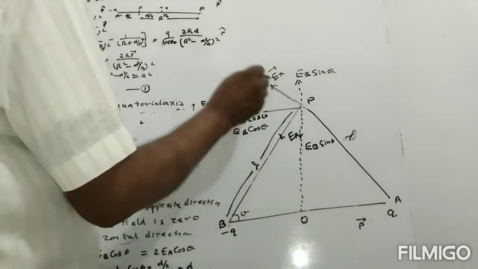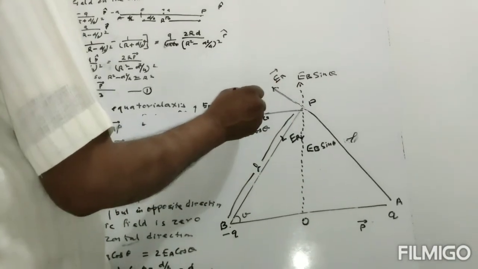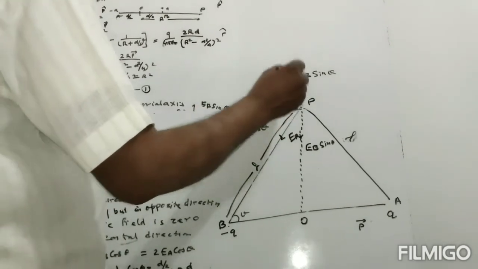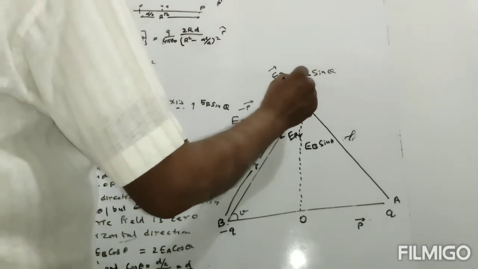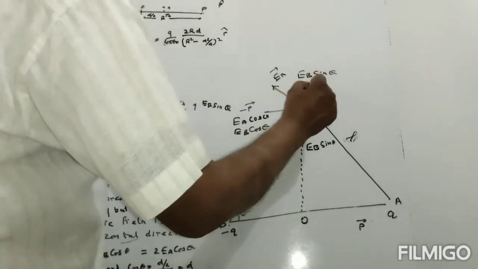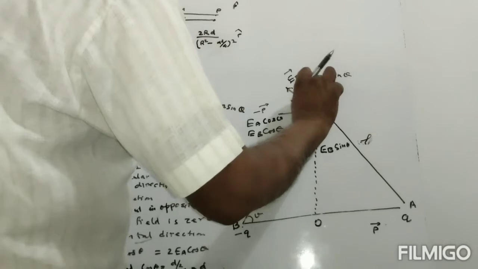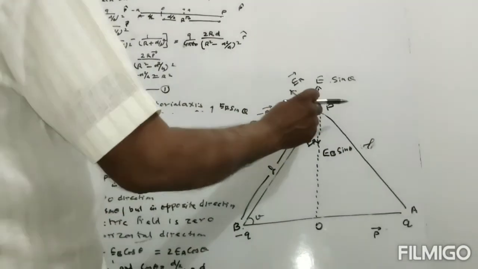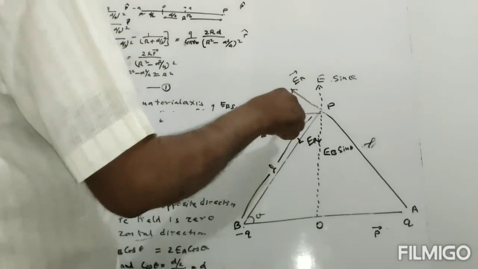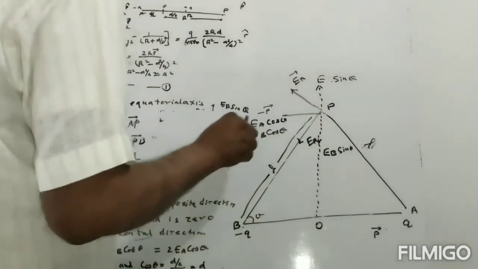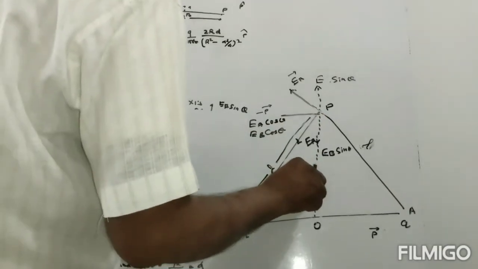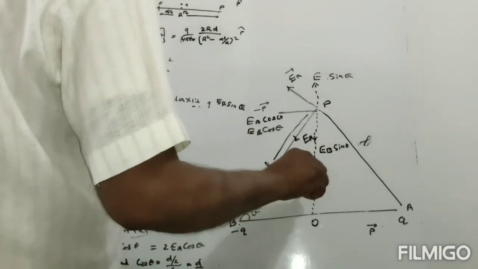So the component of EA in the direction of the horizontal axis will be EA cos theta and in the vertical axis EA sin theta. Similarly, the horizontal component of EB will be EB cos theta and EB sin theta in the vertical axis.